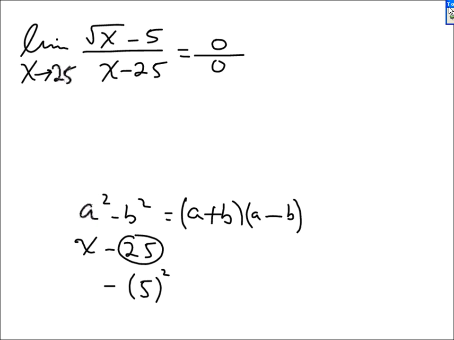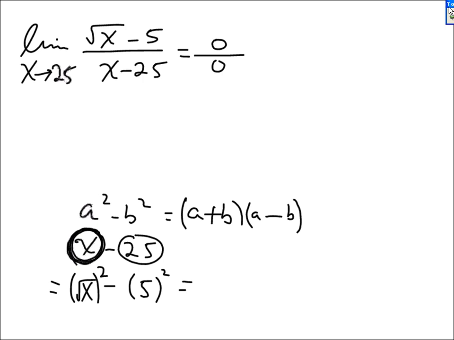Now, clearly, you know what's being squared there. The answer is 5. So let's be clear what's being squared here. The answer is the square root of x is being squared. What's being squared here? I ask you, what squared gives you x? You should say the square root of x squared is x. Now, we have the difference of squares.